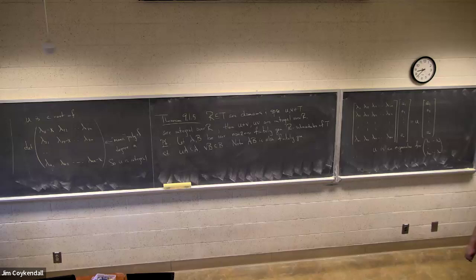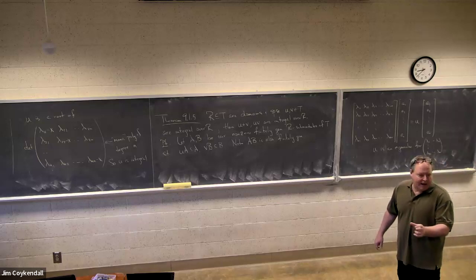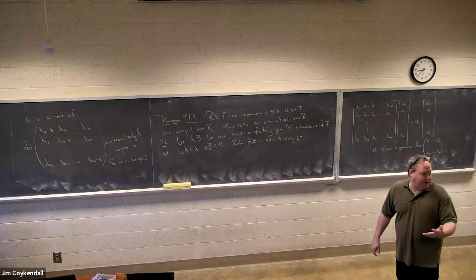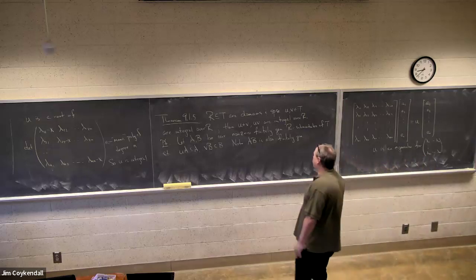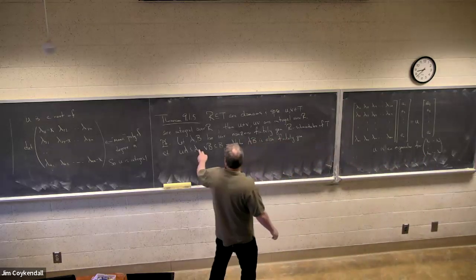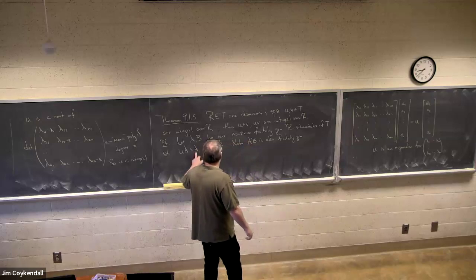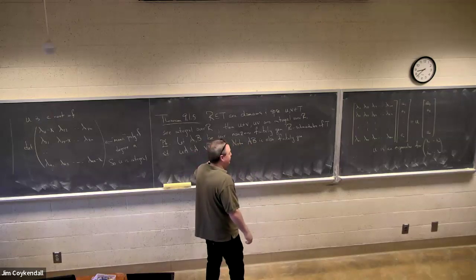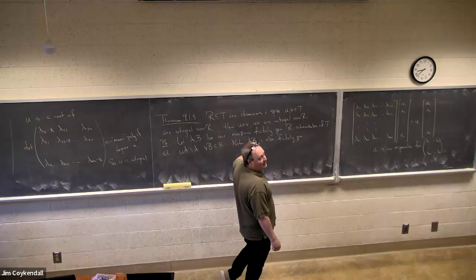And so the module AB, if A is generated by some a_i's and B is generated by some b_j's, is generated by the a_i b_j's, all possible. And of course, if A is generated by n things and B is generated by m things, then AB is generated by nm or fewer things.